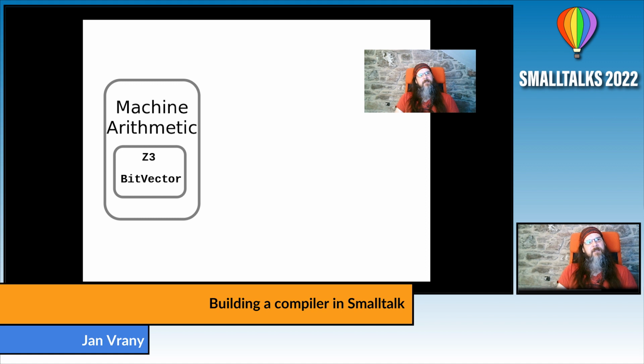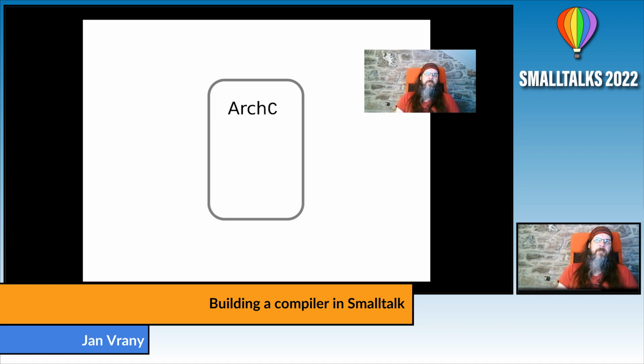But down there is still a tiny bit that is these three bindings. And if you want to play with the Z3 SMT solver, and you are not really interested in refinements and whatnot, you can still use just this little bit. So that's machine arithmetic.